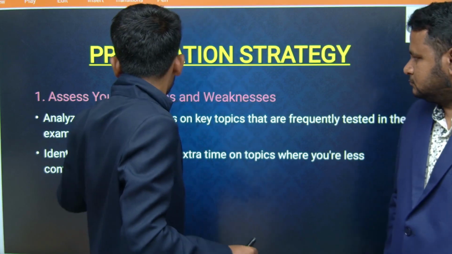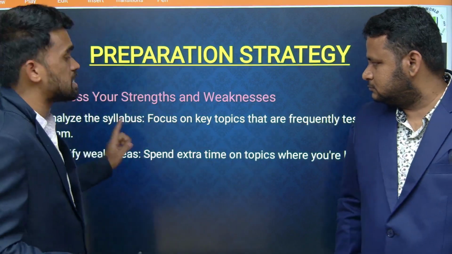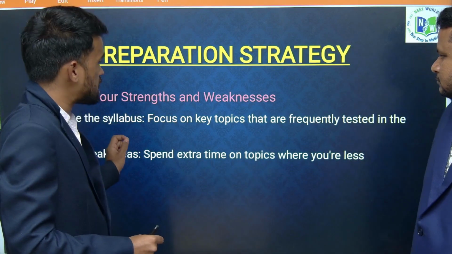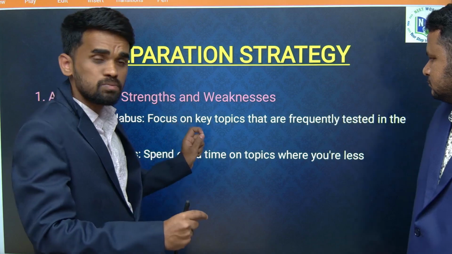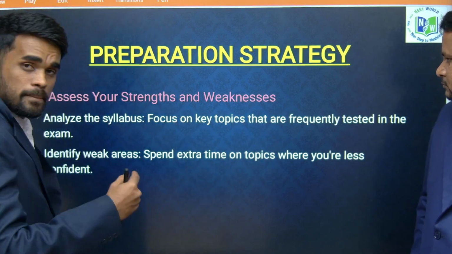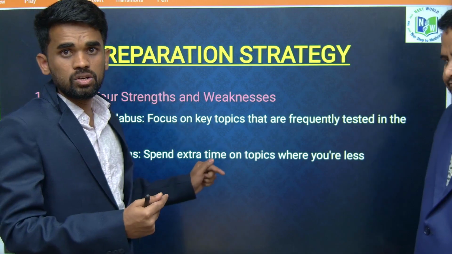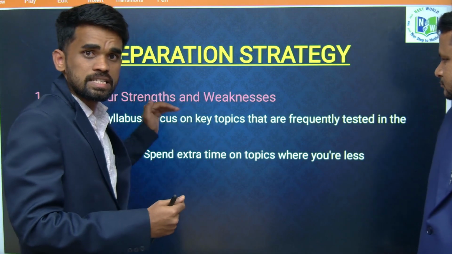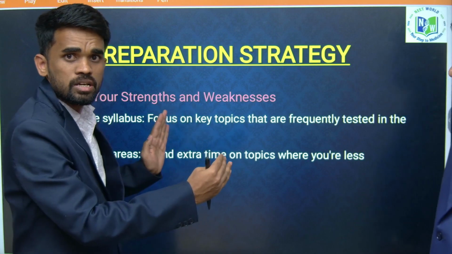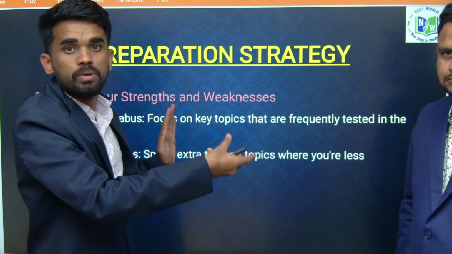Make a strength list and a weakness list. Next, analyze the syllabus and focus more on frequently asked questions. Then identify your weak areas. Analyze your strengths and weaknesses, make separate sheets, and focus on your weak areas also in order to get some improvement, right?